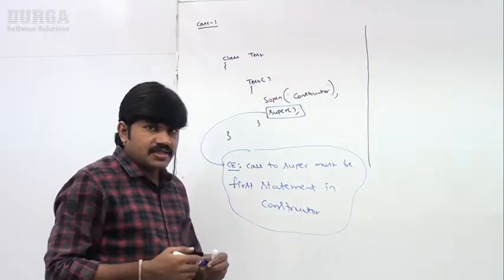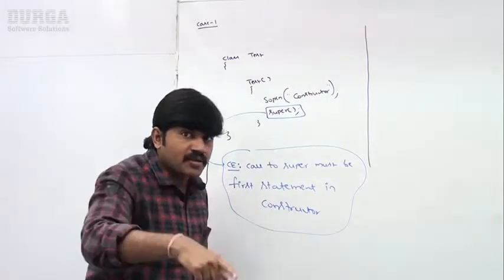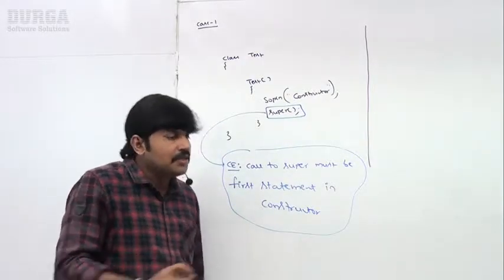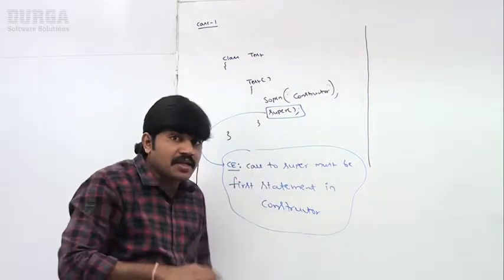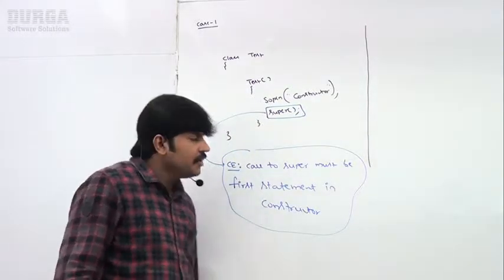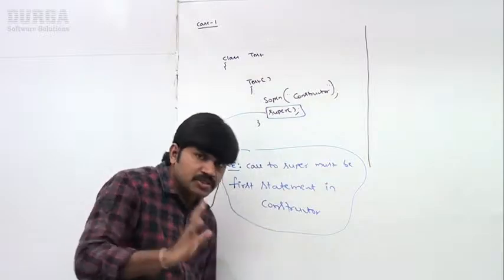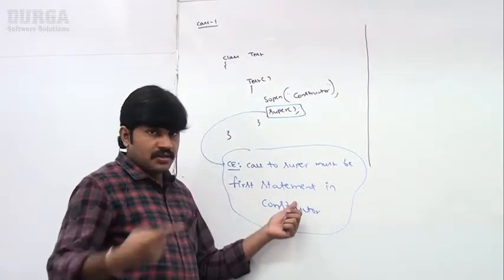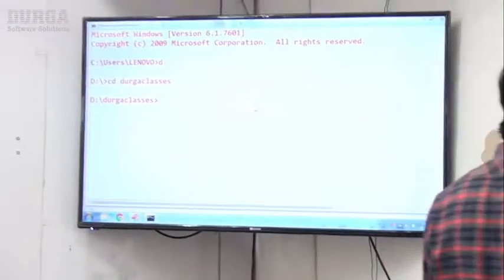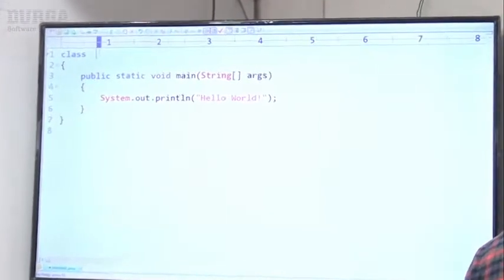Inside a constructor you can use either super or this, but it must be in the first line only. By mistake, if you take it anywhere else, immediately you are going to get a compile time error. Now let me execute this code. Have a look once, sir, so that you can feel more comfortable, right? Sir, I am taking class Test.